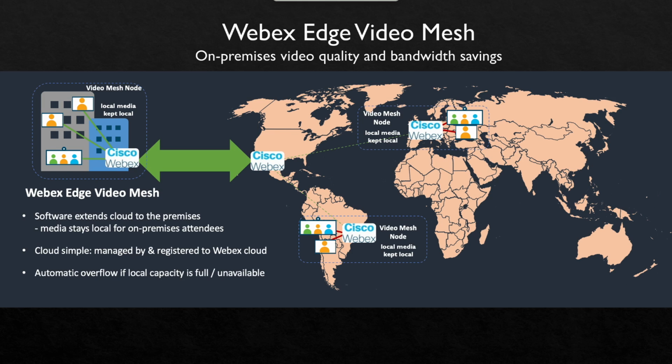So what is it? It's a conferencing solution that delivers a better video experience by allowing the Webex video communication to be delivered on premise, meaning you don't have to connect to Webex in the cloud to host a Webex meeting, which is kind of cool.